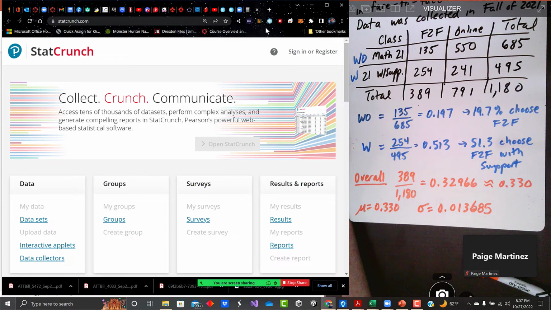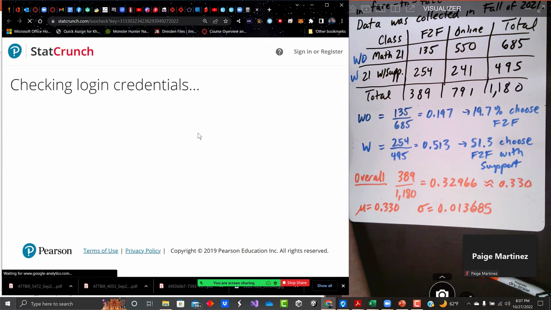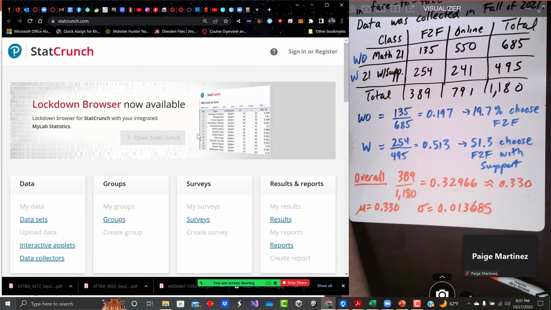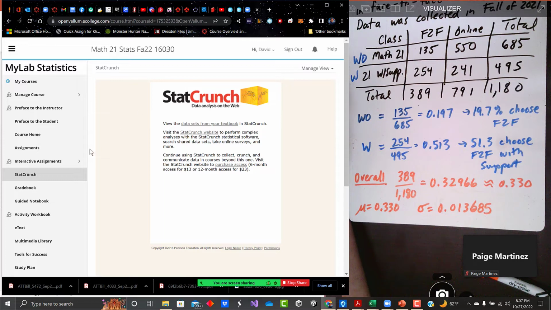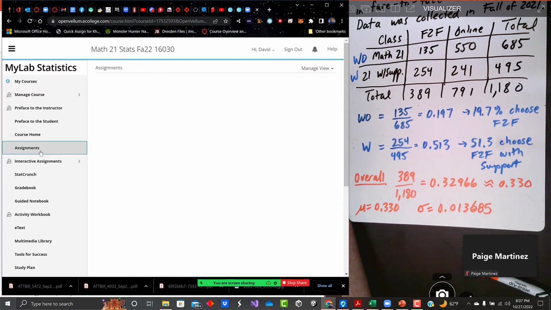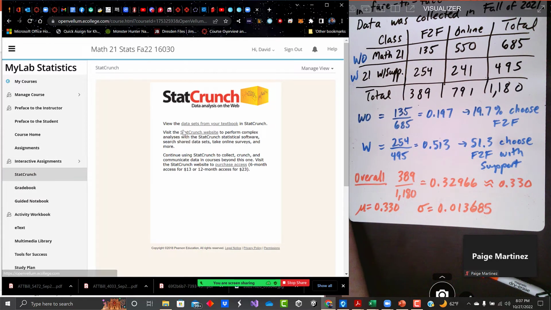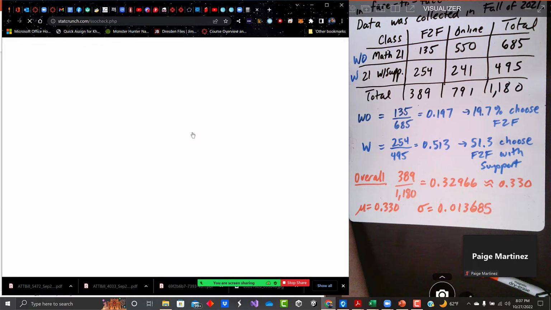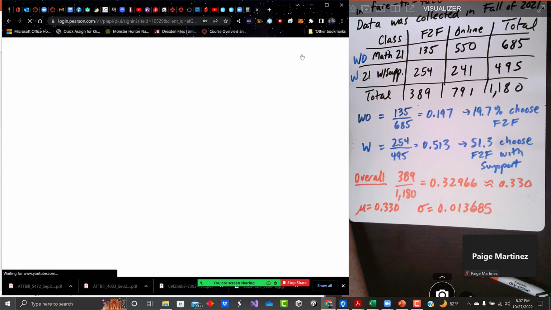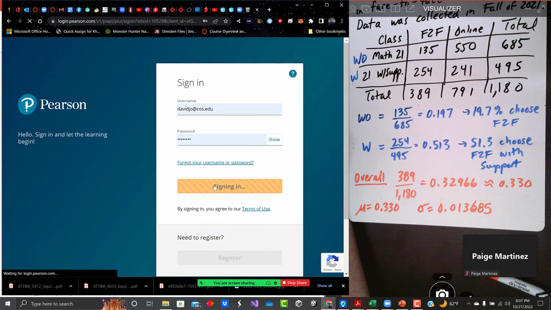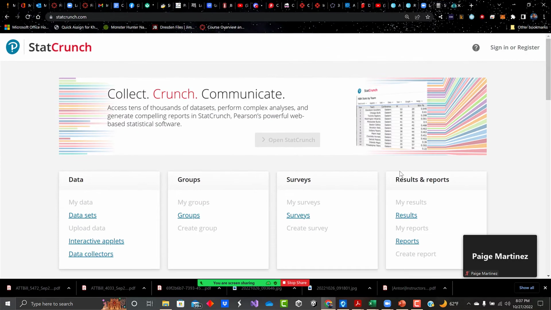What do you mean login error? Just loading slow? What's going on here? Wow.